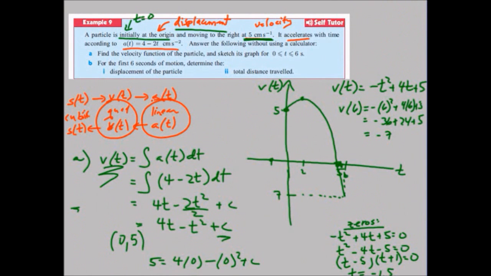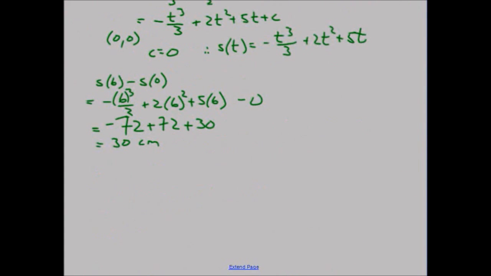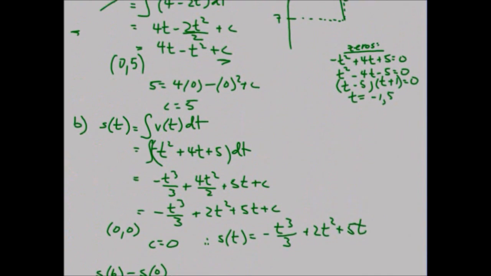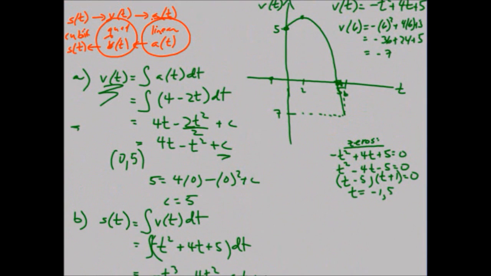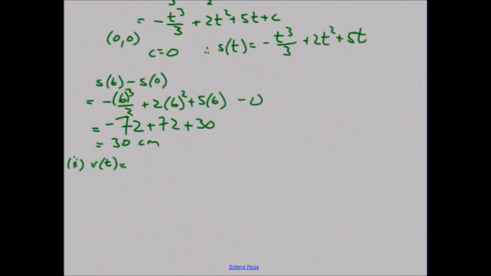Second part of B is the total distance traveled. Okay, here we go. We need to do these 5 steps. Step 1, draw the velocity sign diagram. Velocity function is negative t squared plus 4t plus 5.